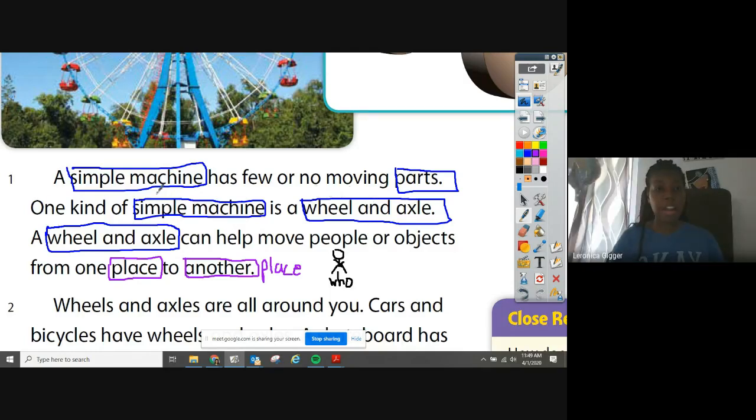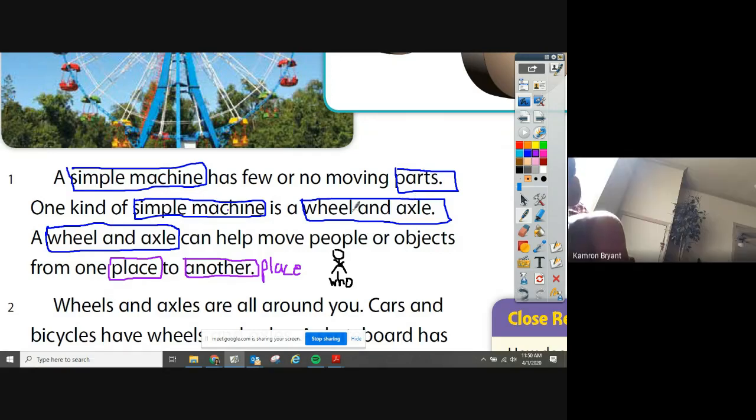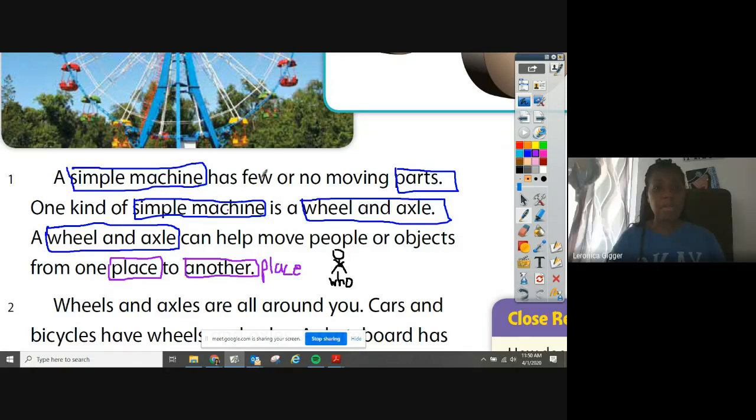Right, we see that right here. One kind of simple machine is a wheel and axle. So we could say a wheel and axle is a simple machine. So then the main idea of paragraph one is to tell us about a wheel and axle being a simple machine. And we get to learn what a simple machine is.